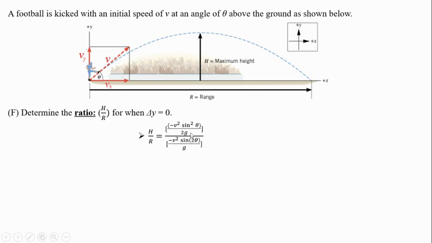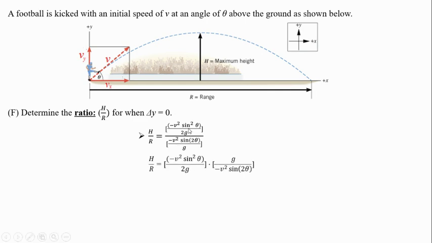So you notice here these two functions look really similar, but you have to be careful. The h function has a sine squared, while the range function has a sine of 2 theta. The h function has a 2g in the denominator, while the range function only has a g in the denominator. You got to make sure you know your functions well before you leave out certain things or introduce certain things that are whack.